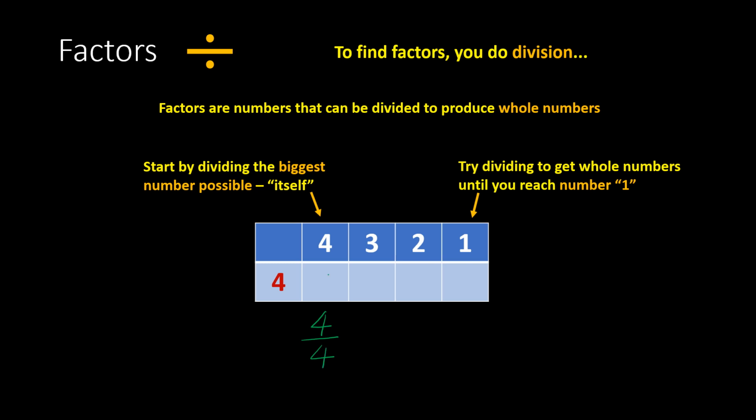And 4 divided by 4, you get 1. How about 4 divided by 3? Now here, we will not get a whole number, so we can't do it. How about divided by 2? Yes, here you get a whole number. And if you divide by 1, yes, you get a whole number. So the factors of 4 are 1, 2, and 4.